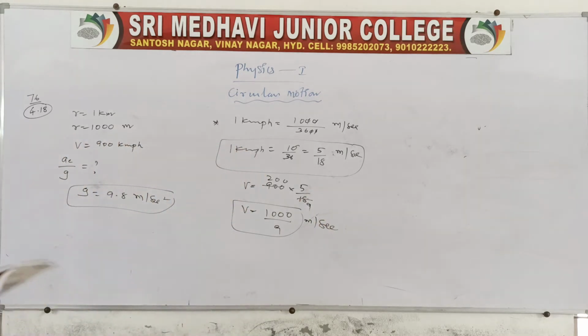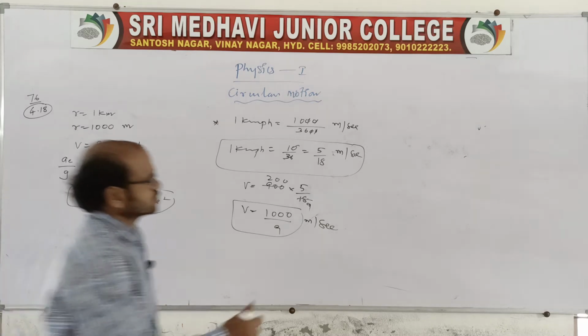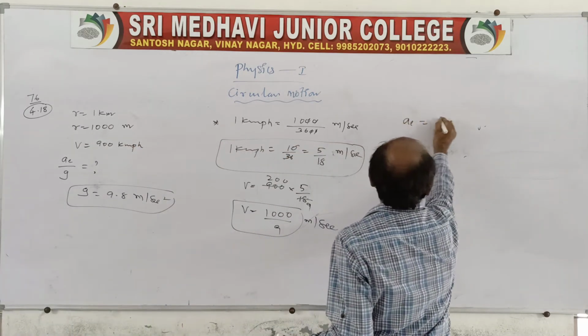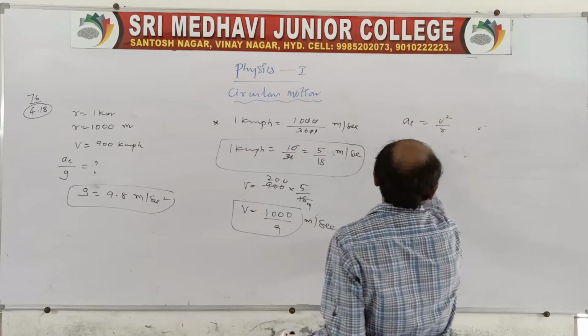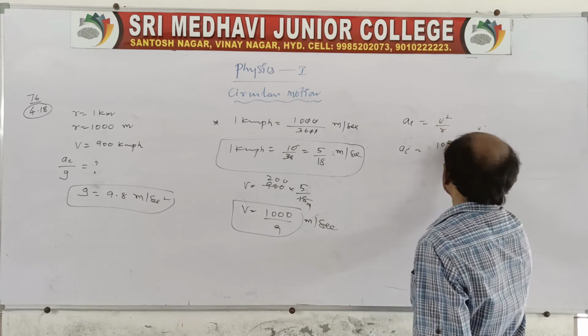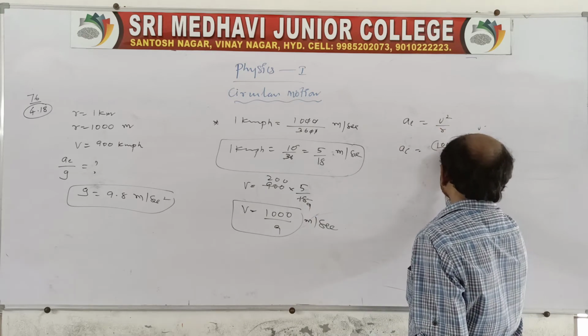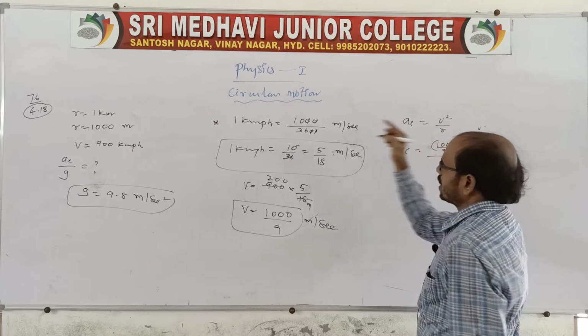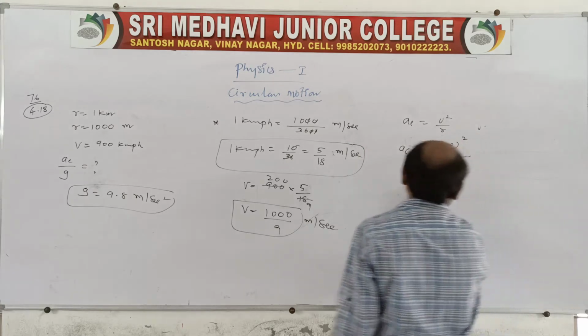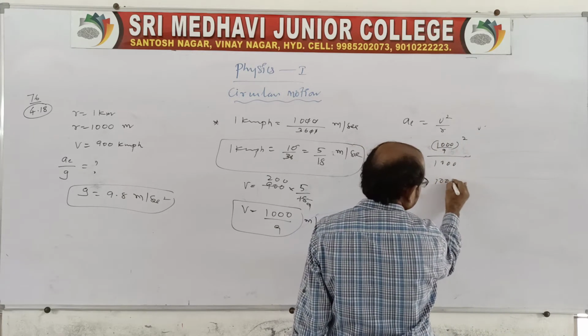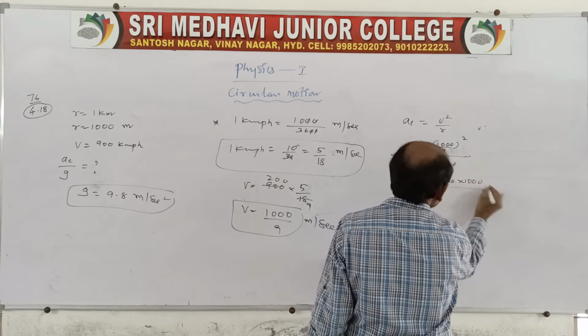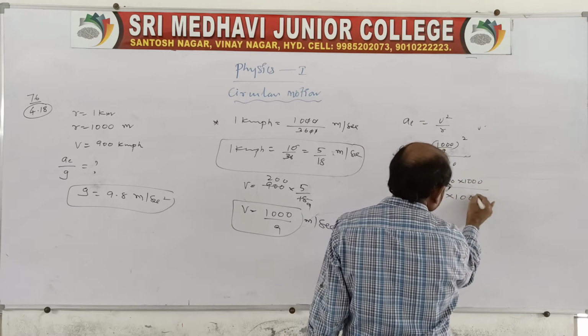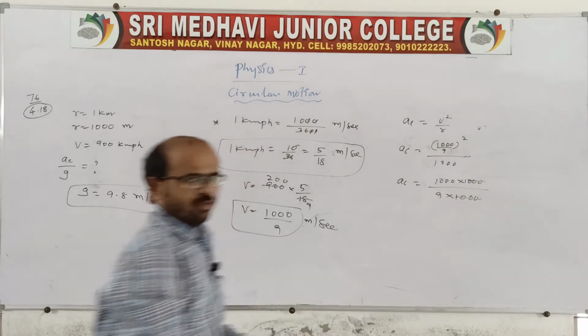Now he is asking centripetal acceleration, so AC is equal to V square by R. AC is equal to 1000 by 9 whole square by R, which is 1000. So AC is equal to 1000 by 9 into 1000 by 9 divided by 1000, and 1000 will be cancelled.